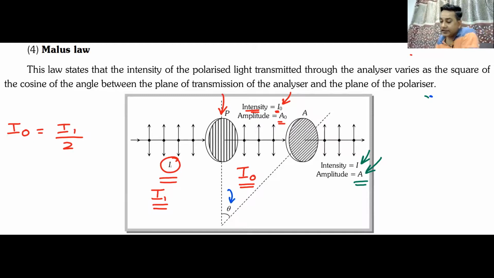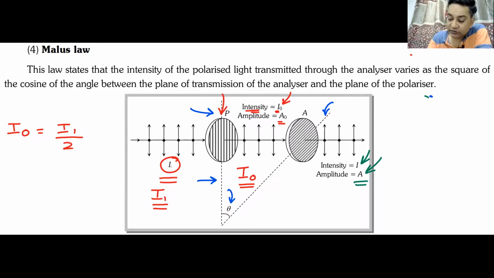What is this angle theta? This angle theta is the angle between the plane of transmission of the polarizer and the plane of transmission of the analyzer. Do you see? This is the plane of transmission of the analyzer and the straight one is the plane of transmission of the polarizer. Do we see this angle theta? Yes, sir. The polarizer is kept like this, the analyzer is kept like this. The angle between the two is known as the angle of transmission.